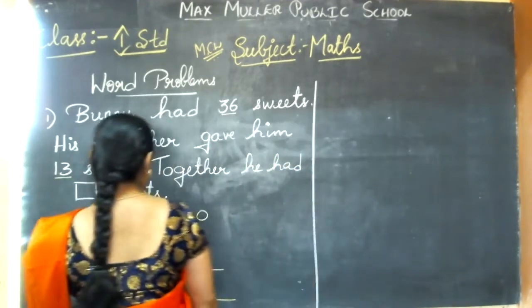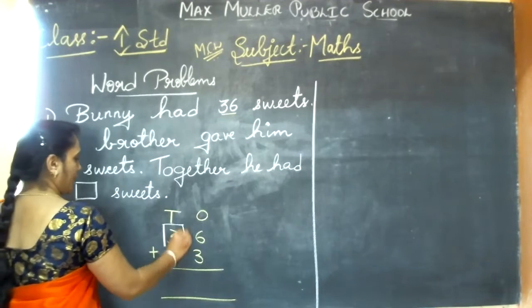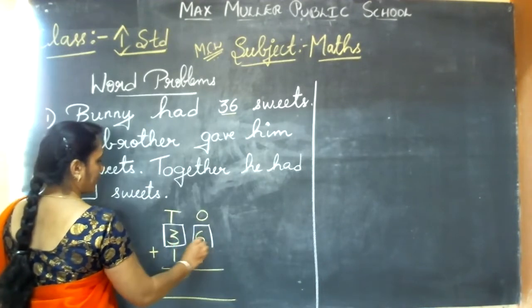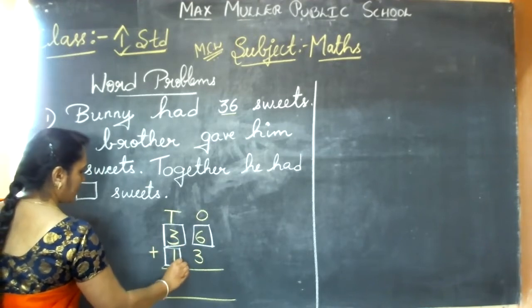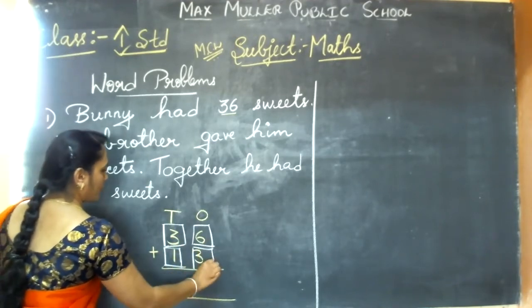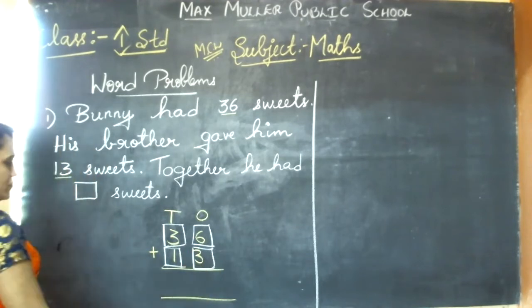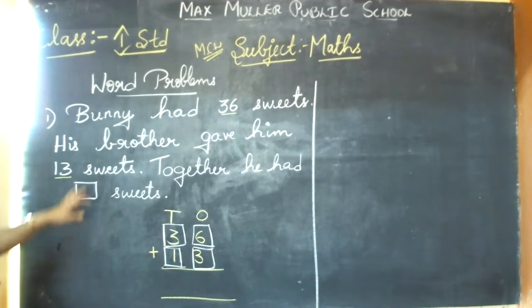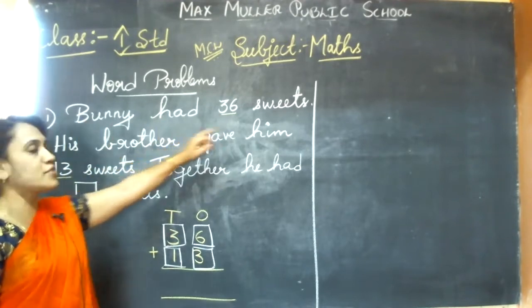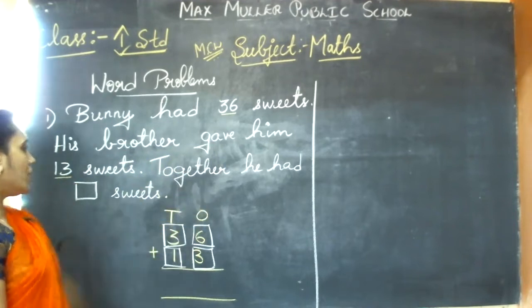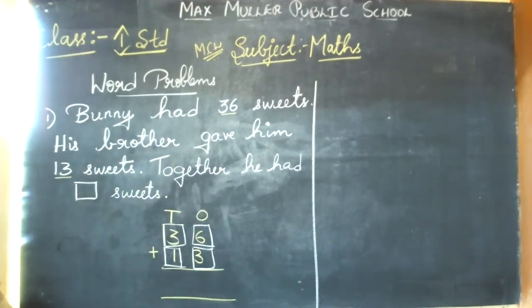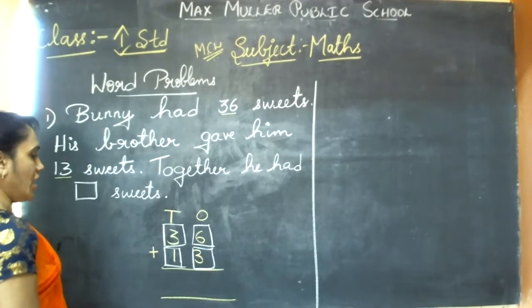Understand? Do addition. Okay, Bunny had 36 sweets. His brother gave him 13 sweets. Together, he had dash sweets. How many sweets? We have to do the addition.